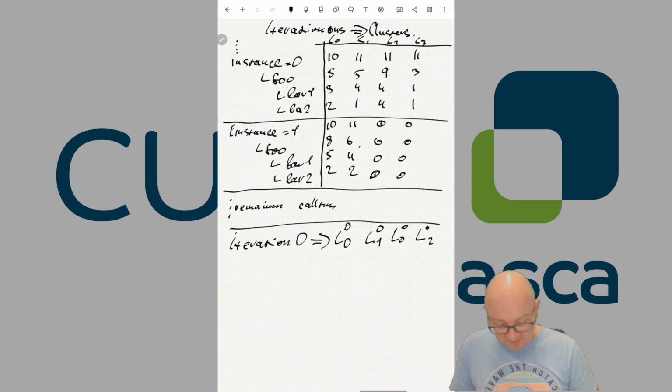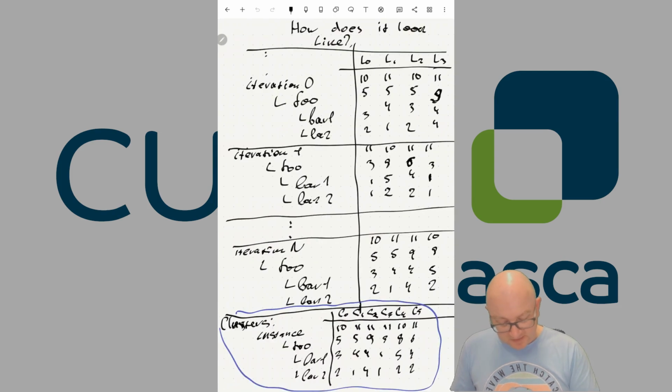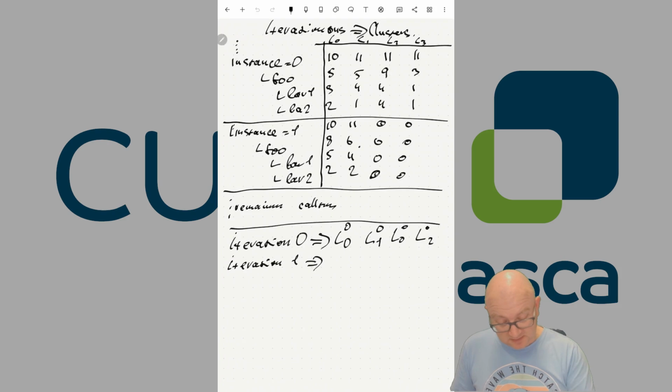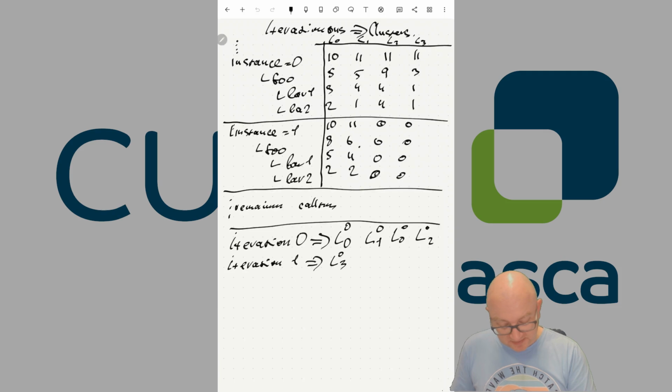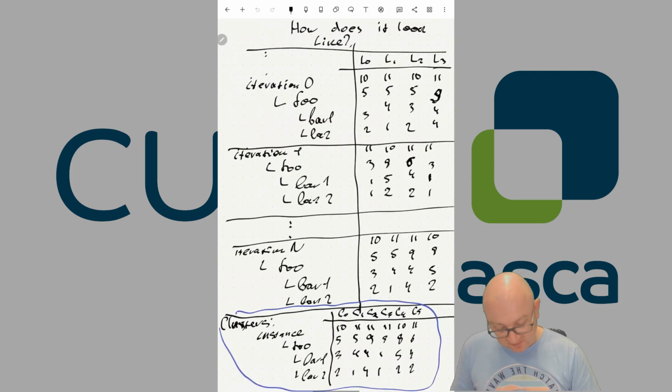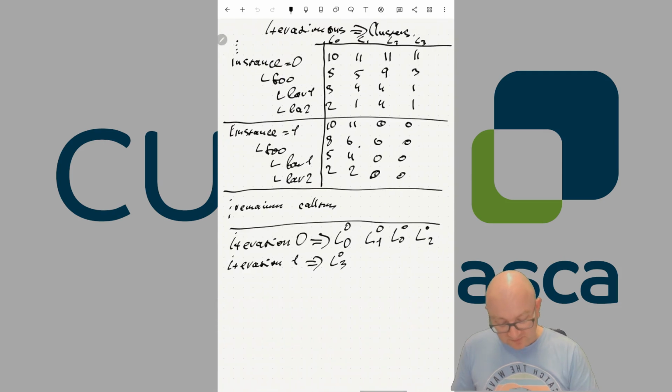For iteration 1, let's take a look. 11311, that is iteration instance 0, location 3. 10855 or 52, that would be instance 1, location 0.